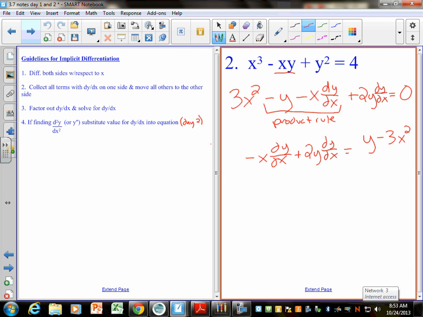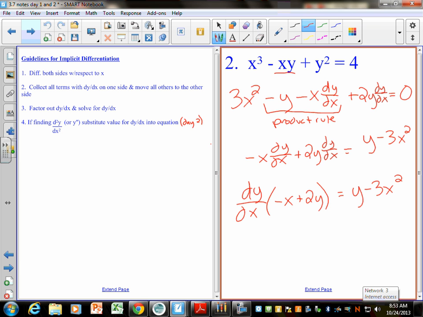And since I need to get dy dx by itself, do you agree that I could factor out, and that's what step 3 over there is, factor out dy dx, and I'd be left with negative x plus 2y equals y minus 3x squared. And usually when I do this problem, I factor it out at the same time as I'm moving stuff over because I know I want dy dx by itself.